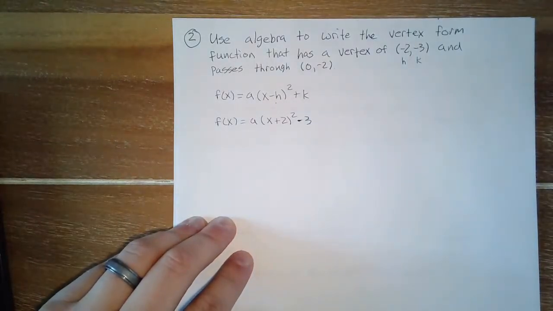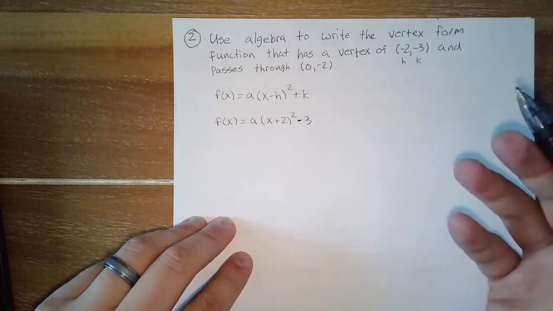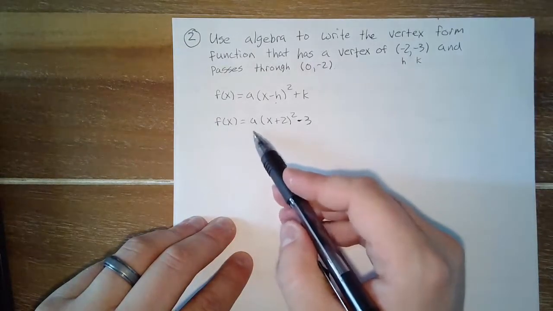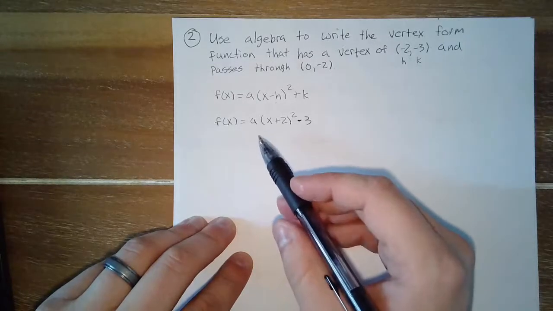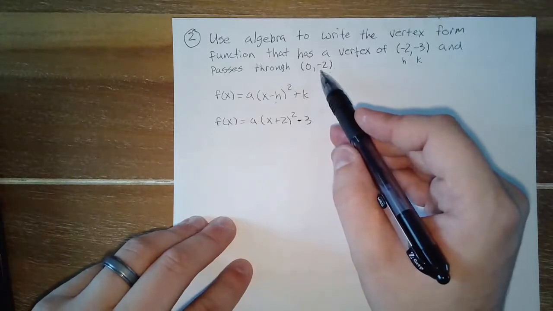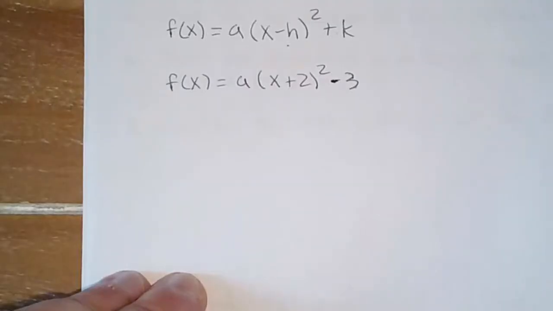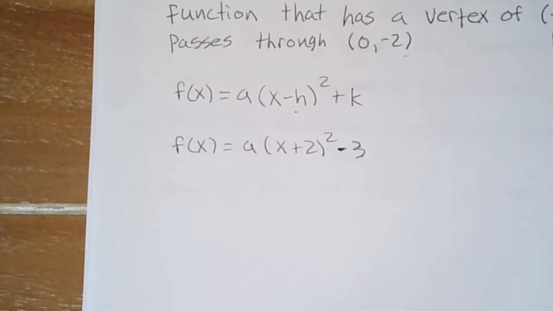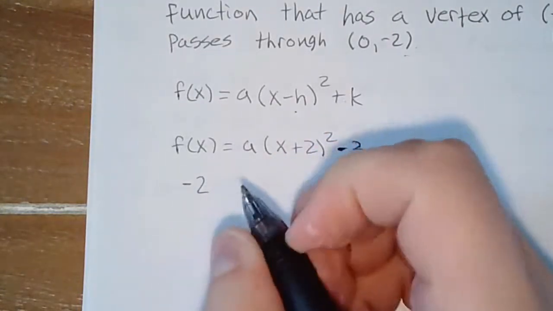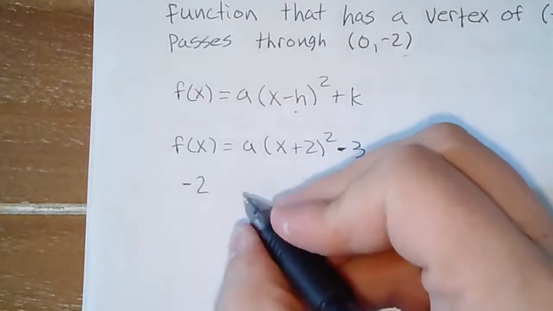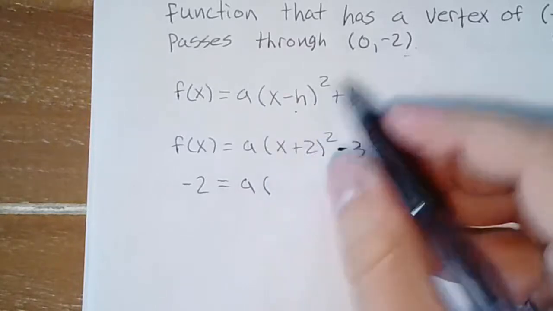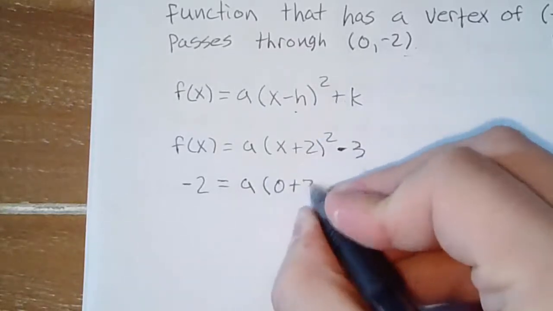At this point, the only variable left that I would really need to take care of is this a value. So I'm going to take this point 0, -2, and plug that into our function here. When I do that, I'm going to have -2 equals a times the quantity x is going to be 0 plus 2, squared, -3.